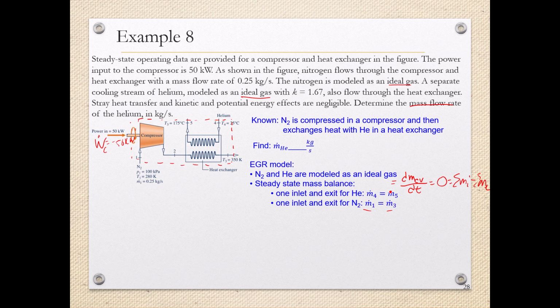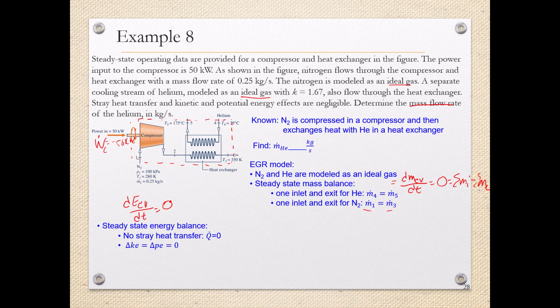And then we also have to look at our energy balance at steady state. Recall at steady state, dE_cv over dt is equal to 0, so we're going to set this equal to 0. And recall that's internal energy with flow work, and so we put that together as our enthalpy, our kinetic energy, and our potential energy.